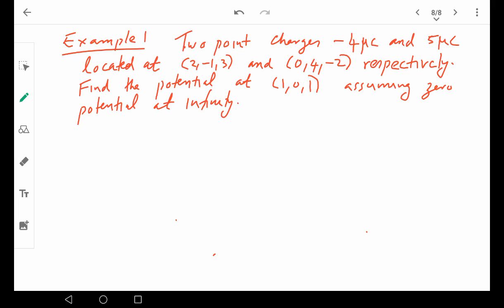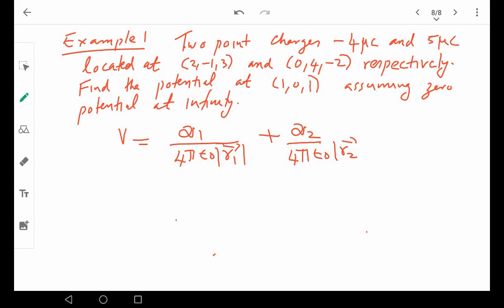So you have V equal to Q1 by 4 pi epsilon 0 R1 plus Q2 by 4 pi epsilon 0 R2. That's how you have it. You know Q1 equal to minus 4 into 10 raised to minus 6 coulomb, Q2 equal to 5 into 10 raised to minus 6 coulomb.